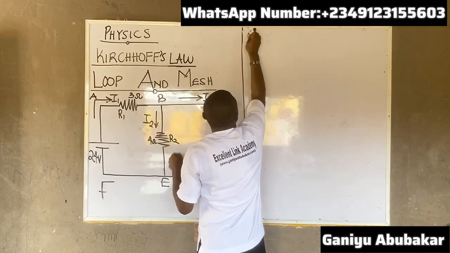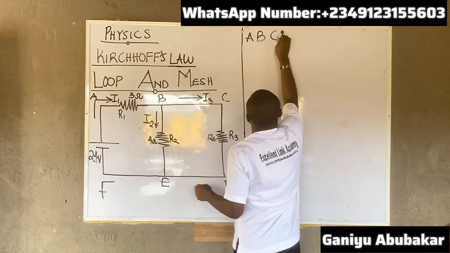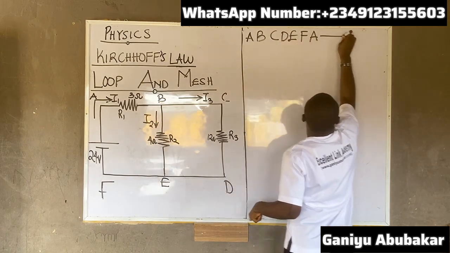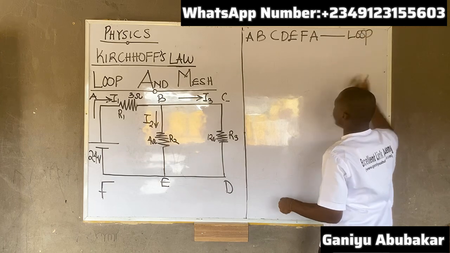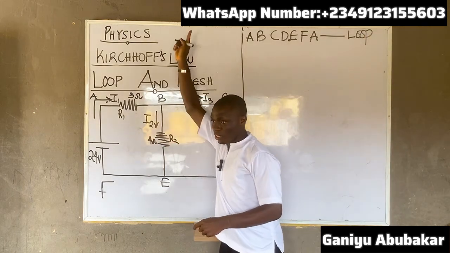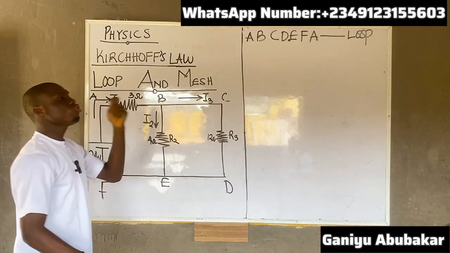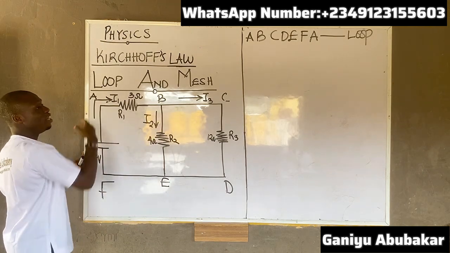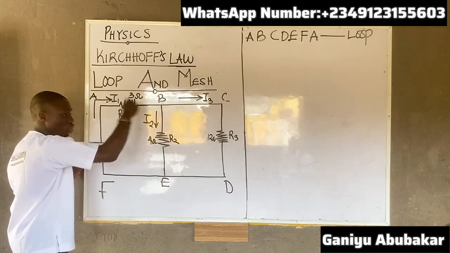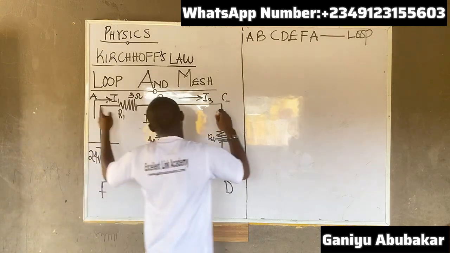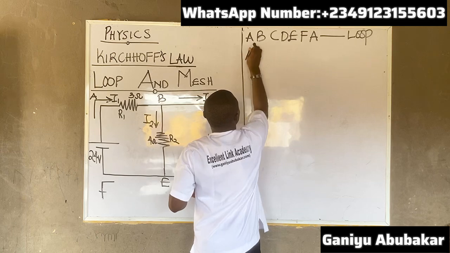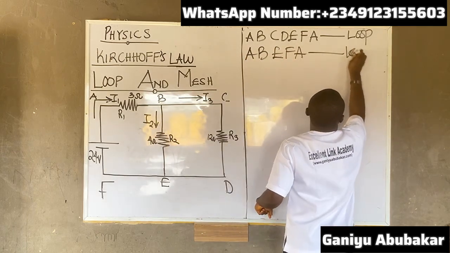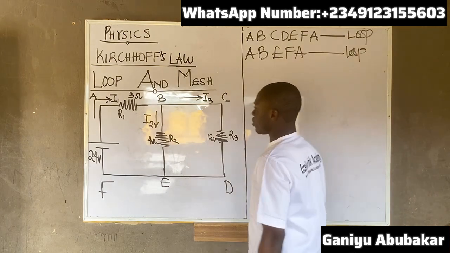It's a closed path. Also, if I move this way, A, B, E, F, A is still a loop.